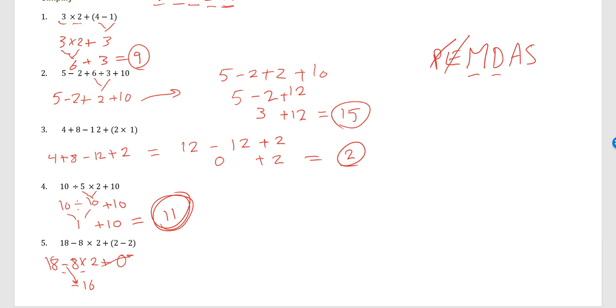But remember, in addition and subtraction, I told you to try to always start the addition or the subtraction with a positive number so you don't get confused on the negative sign. But in this case, you could have treated it either way. So 8 times 2 is 16, and then the negative sign carries over, and then I have 18 here left. 18 minus 16 is just 2.